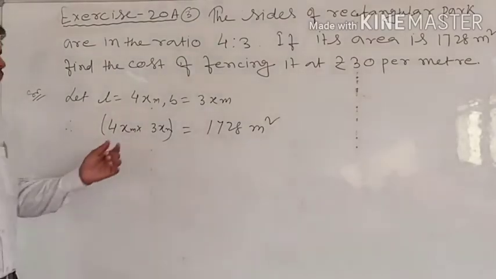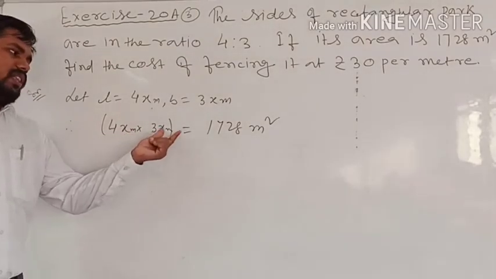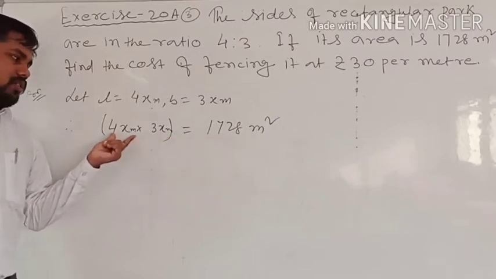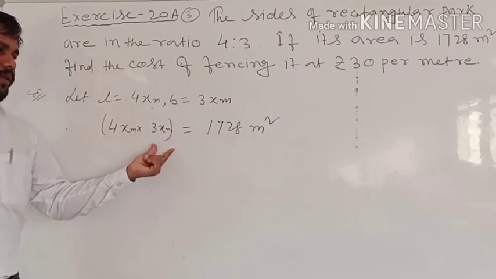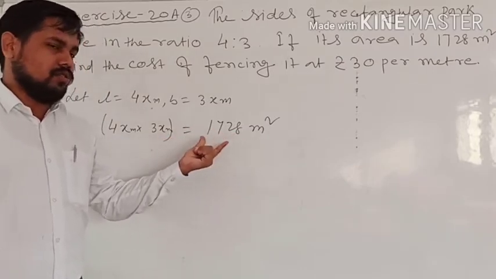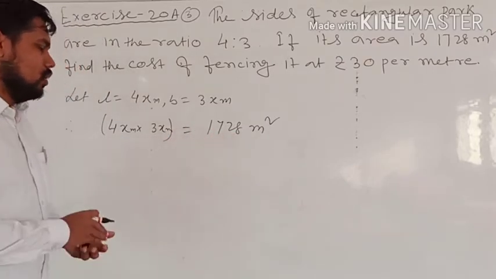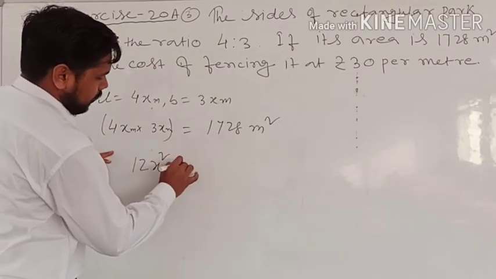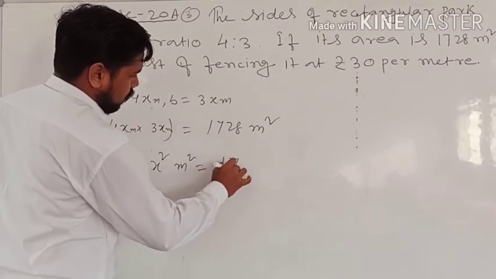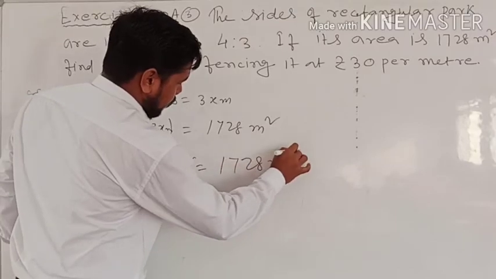Okay, and we have put in the formula length into breadth is equal to area. So length is not given, so 4x we have considered, breadth is not given, 3x we have considered, and area is given. So length into breadth is equal to area. So here 12x square meter square is equal to 1728 meter square.